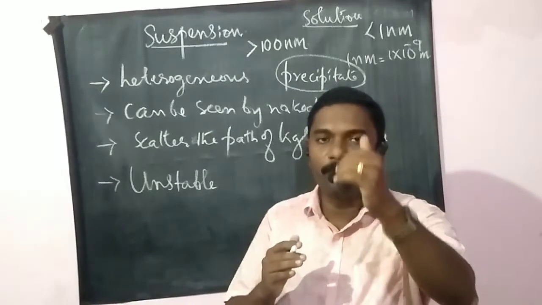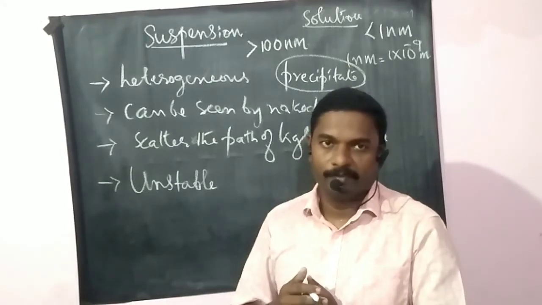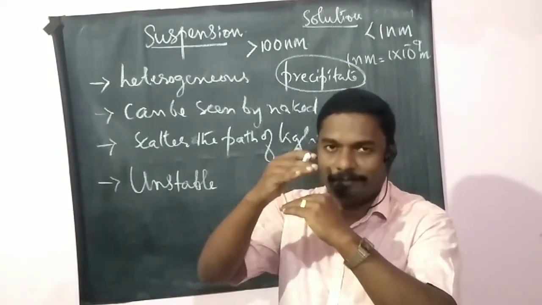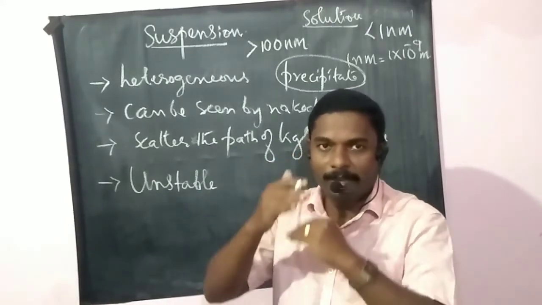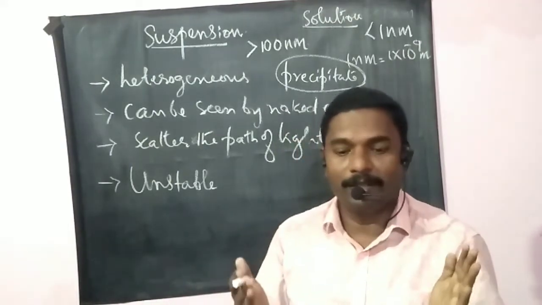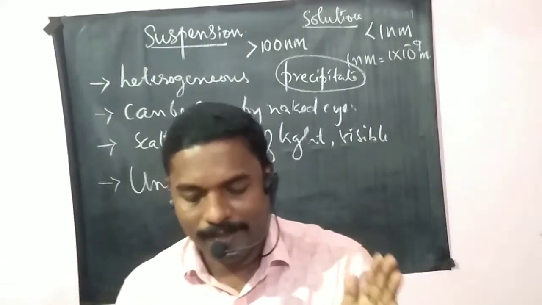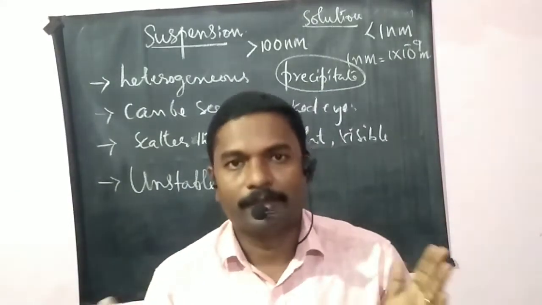The particles form a precipitate and the dispersed medium is separated. So the particles break and it does not scatter the light anymore.